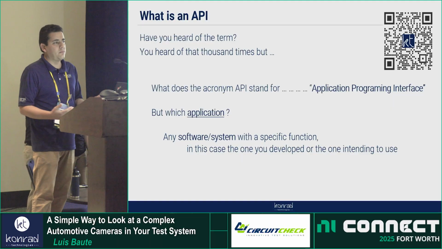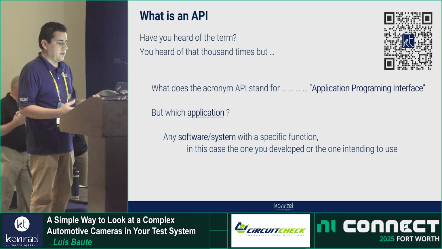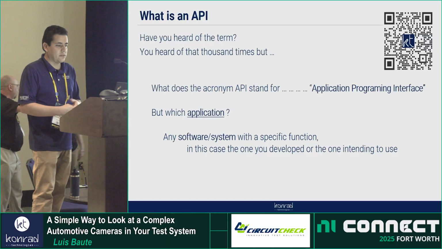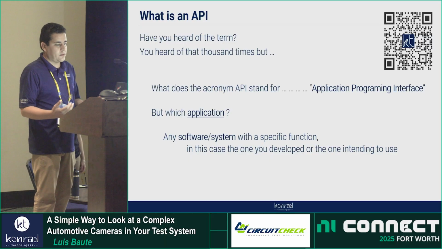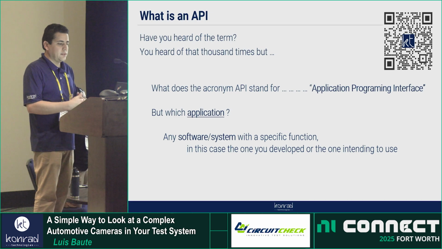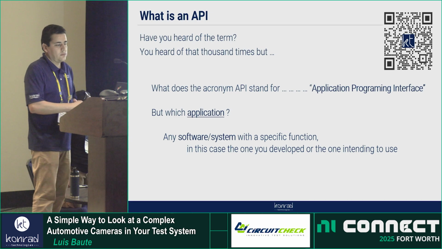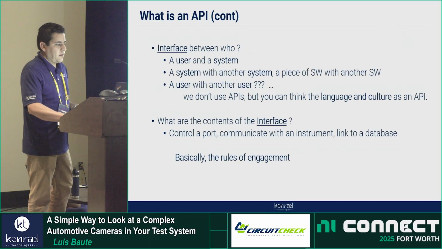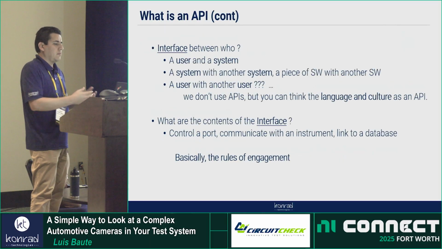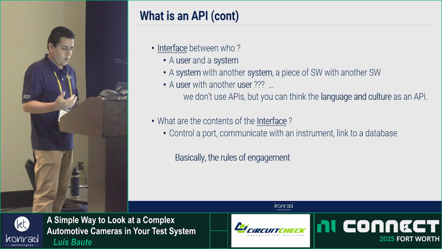But let's review what each of these words stands for. Which application? Basically any software or system with a specific function. In this case, one that you develop or one you want to use. And interface, which is the second word, would be like, what are you connecting?